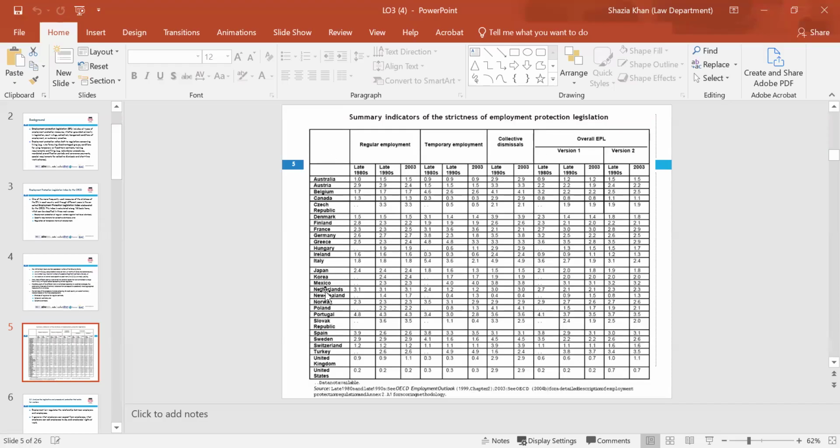It looks at regular employment from the 1980s up to 2003, and temporary employment from the late 1980s up to 2003, and looks at collective dismissals and overall EPL from the 1990s to 2003 for most of the countries.